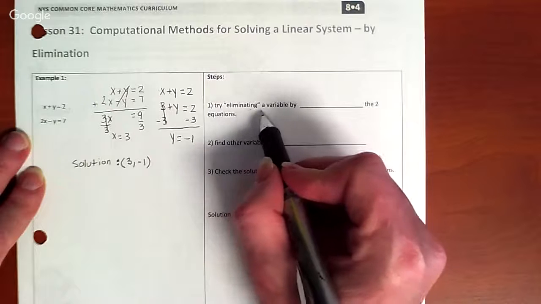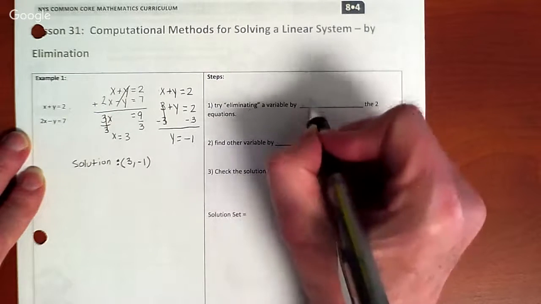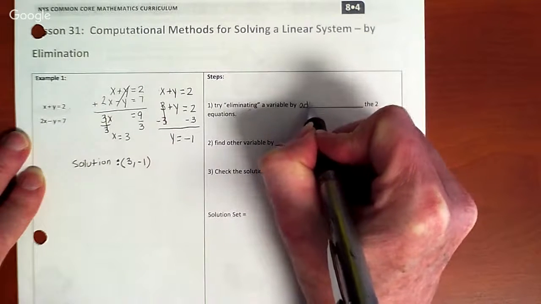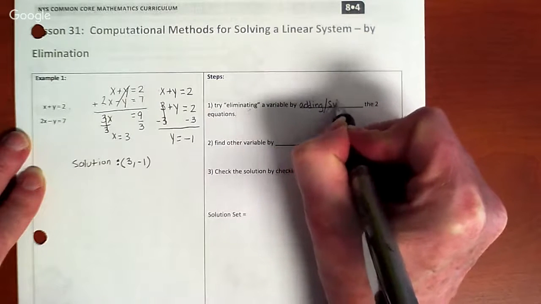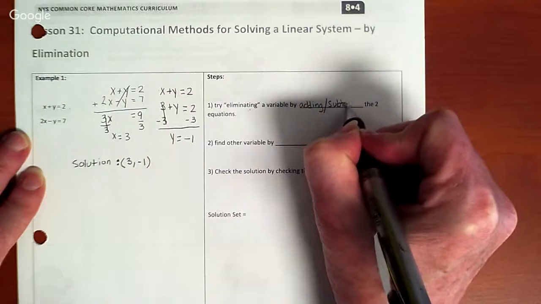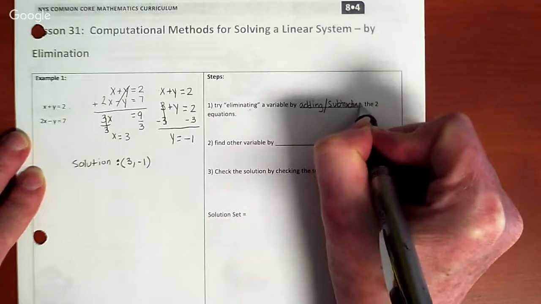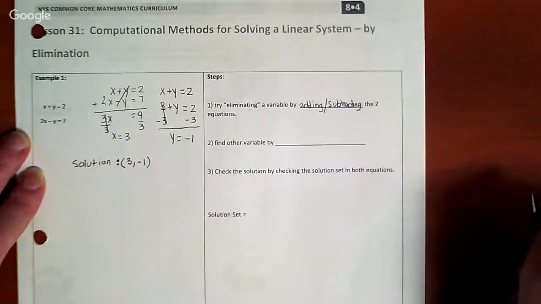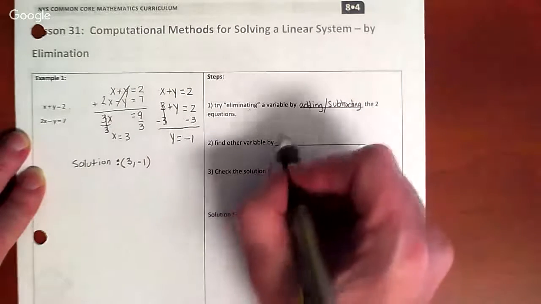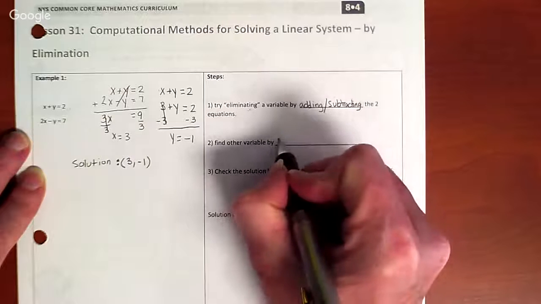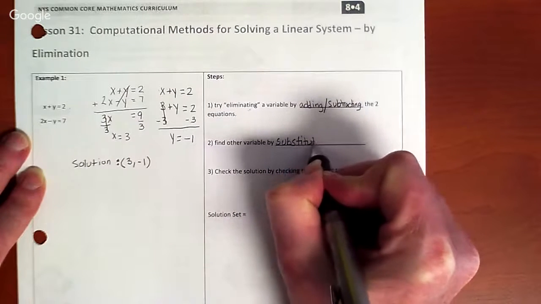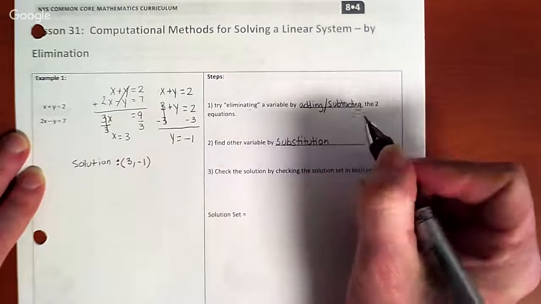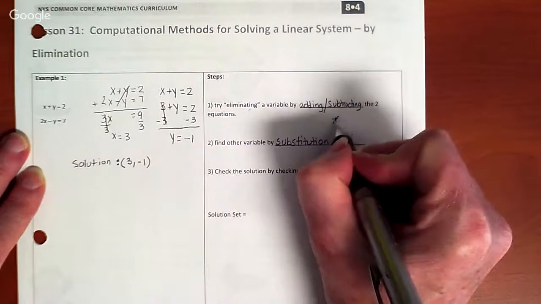Here are our steps. We are going to try eliminating a variable by adding or subtracting the two equations. Find the other variable by substitution, and you can pick either equation.